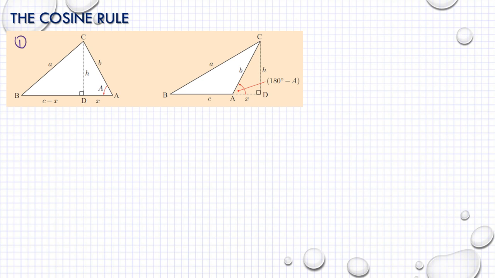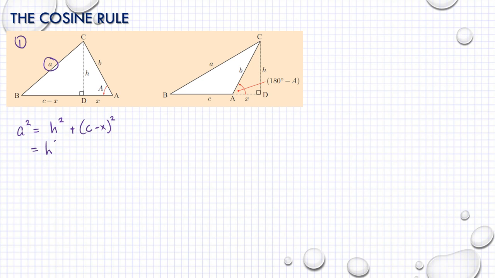the side A, so if we can find the height, then we can find the length of side A. Let's say, for example, we have by Pythagoras, A squared is equal to H squared plus (C minus X) squared.